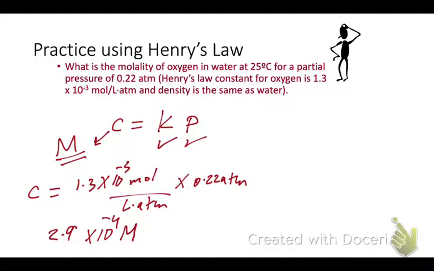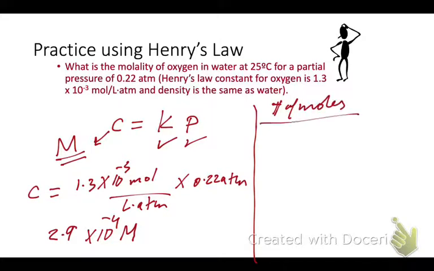Okay? Now molality again is what, guys? Molality is number of moles over kilograms of solvent. So the moles is given from here, which is 2.9 times 10 to the negative 4. However, I'm going to have to find out the mass of the solvent.